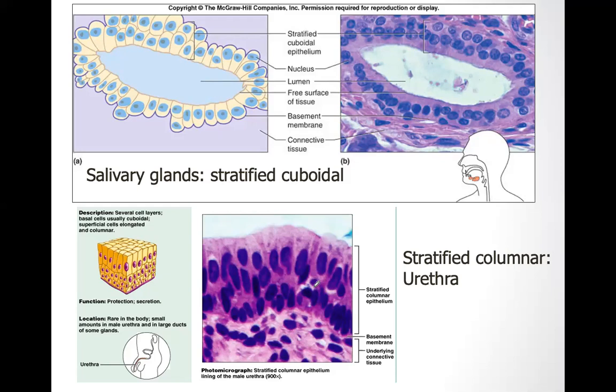But if I ask you for a specific location, the location for stratified cuboidal in our body would be the salivary glands that are located either on the side of the face or underneath your tongue. When we talk about stratified columnar cells, they're found in the urethra, which is the tube that excretes urine from the body. The main function for this is also protection. There's a lot of protection associated because it opens up to the outside.